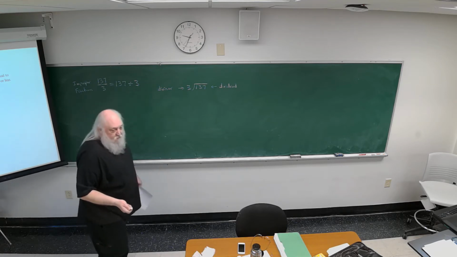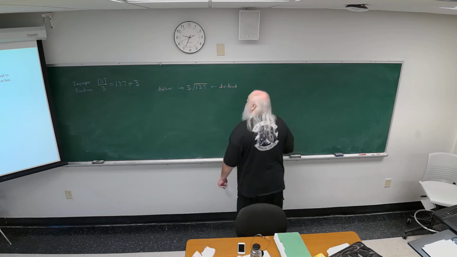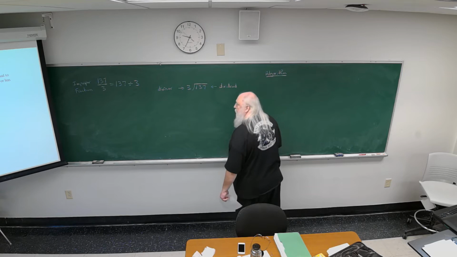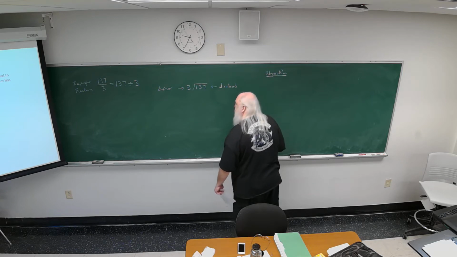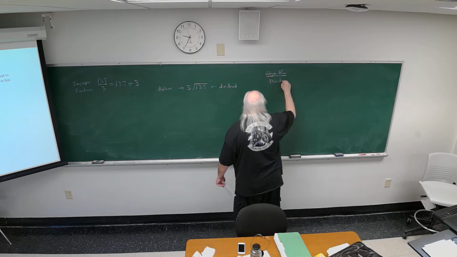Now there's an algorithm for dividing two whole numbers using long division. And the algorithm has 3 mathematical operations in this order. Okay? We divide, and we multiply, and then we subtract.